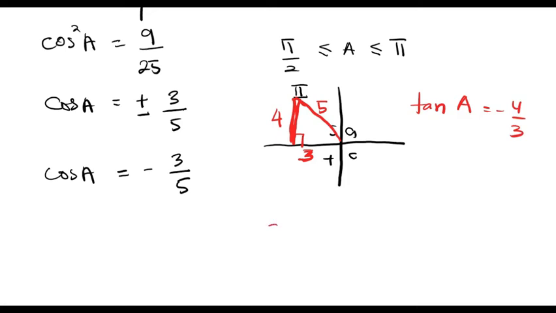Therefore, we can find sine A, which is opposite 4 over hypotenuse 5. Is it positive or negative? Since it's in quadrant 2, sine is positive. So we get sine A equal to 4 over 5.